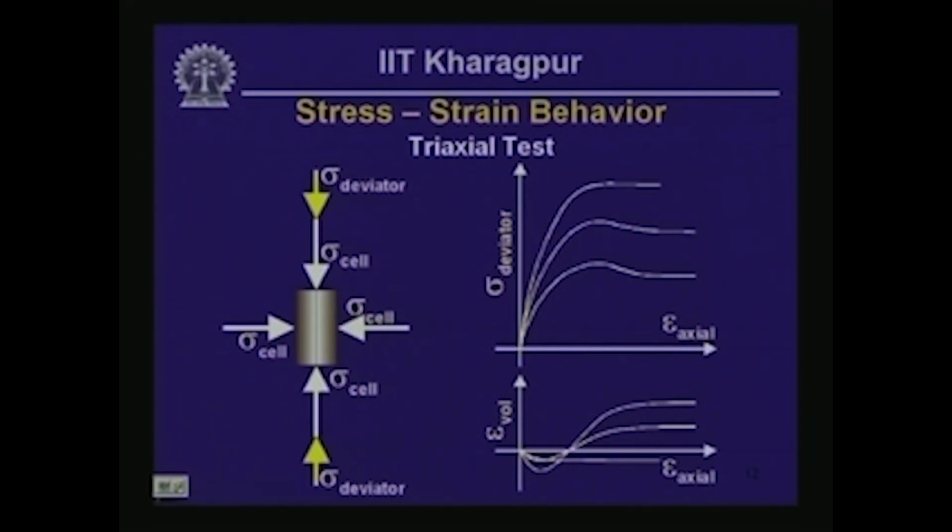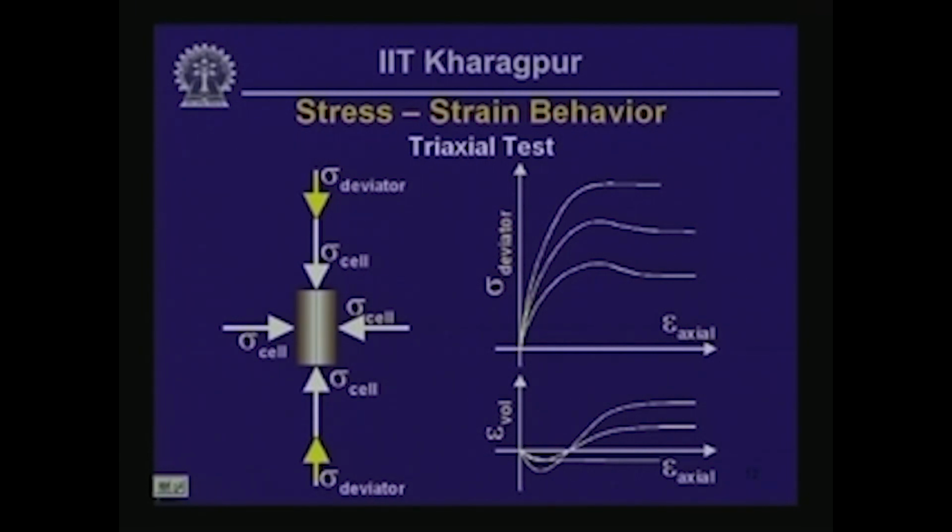And then we will use these responses to plot the Mohr circle for the three stress conditions in order to find out the shear strength parameters, and that process I am going to illustrate in the next little bit.